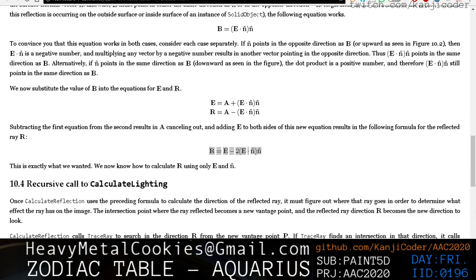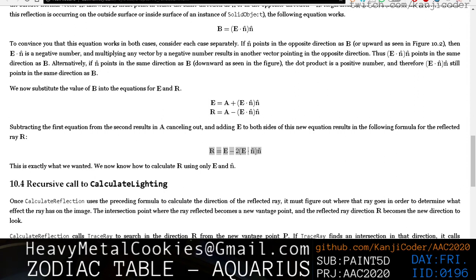So output angle R equals the input angle E minus 2 times... and these aren't really angles, right?